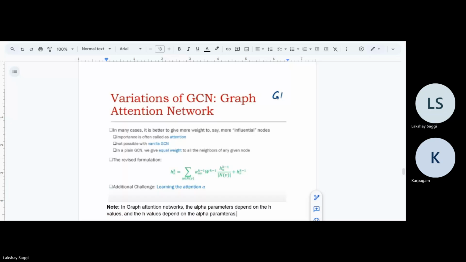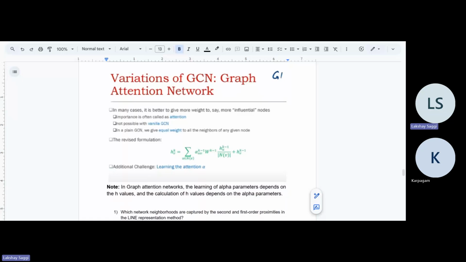Or maybe, learning of the alpha parameter depends on the h values, and the calculation of h values depends on the alpha parameters. Yeah, just a cool thing to note.